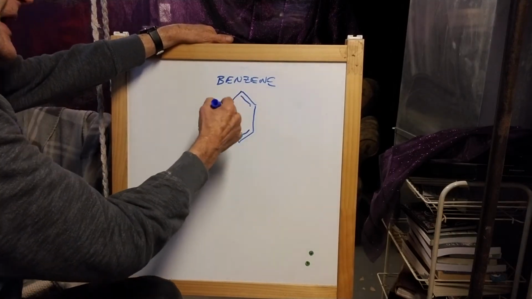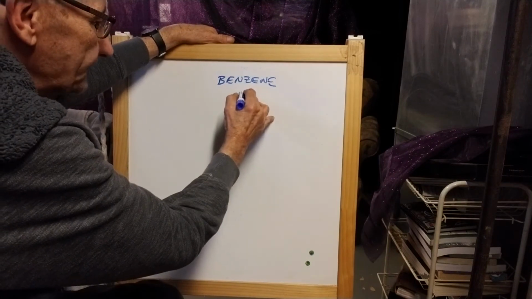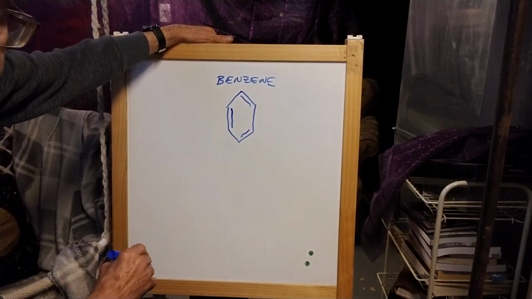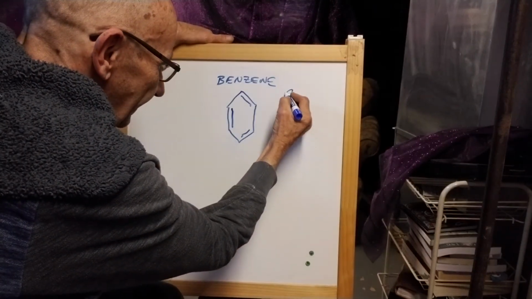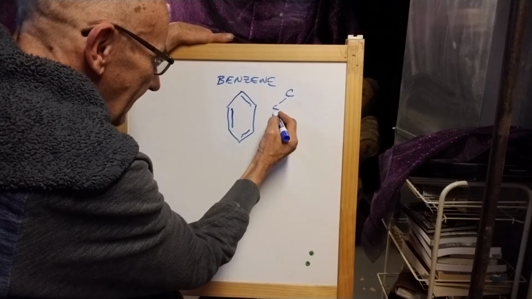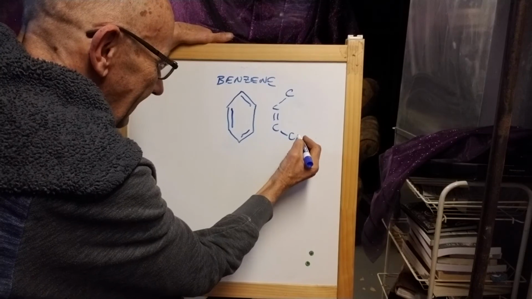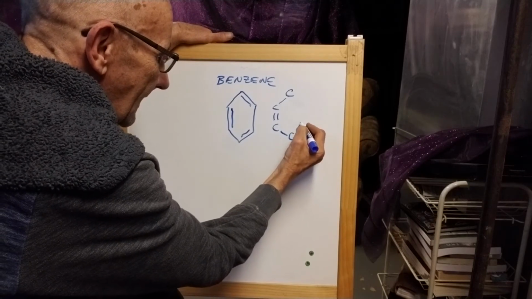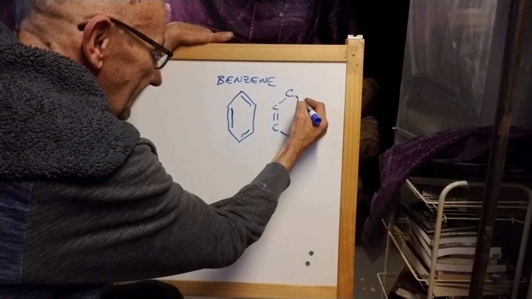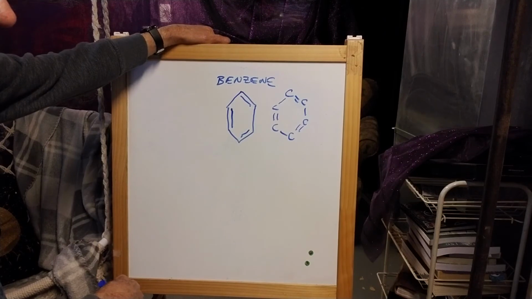So what is this? How is this made? Well, in these kind of drawings, each corner is a carbon and the hydrogens are not written. So what you would have is this. You have a C attached to a carbon, double bonded to a carbon, carbon, double bonded to a carbon, that's what that really is.